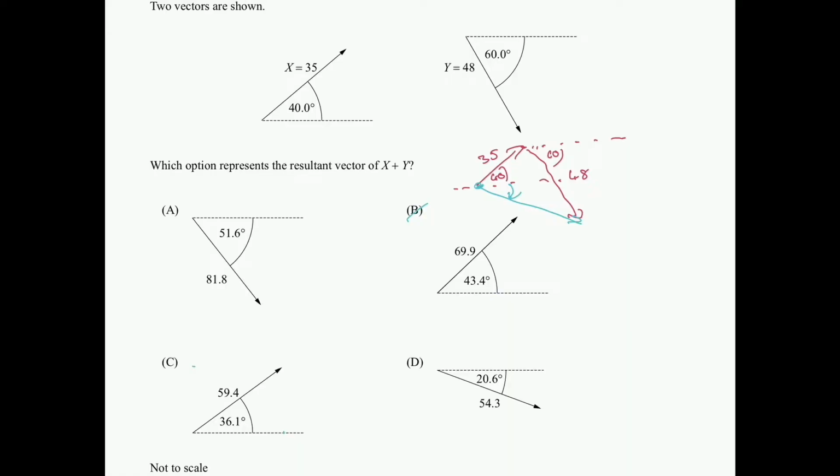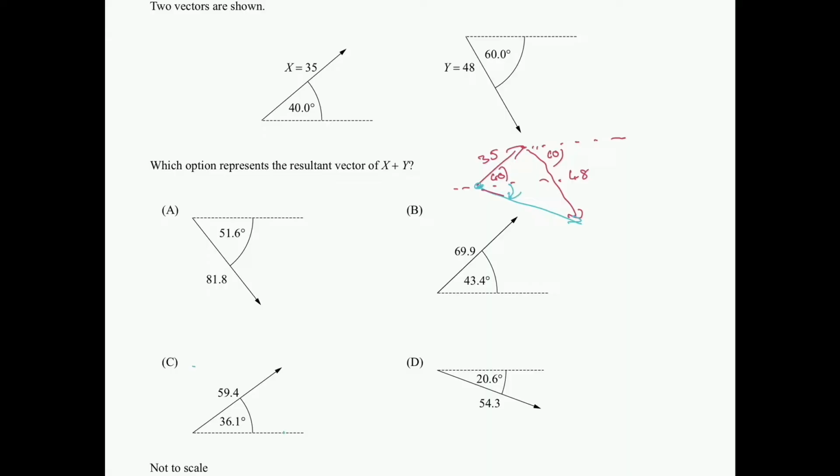Let's have a look at what's different between option A and option D. Both the magnitude is different as well as the angle. So you can either try to figure out the angle or the magnitude of that resultant vector. For me, I'm going to do the solution figuring out the magnitude of the resultant vector.